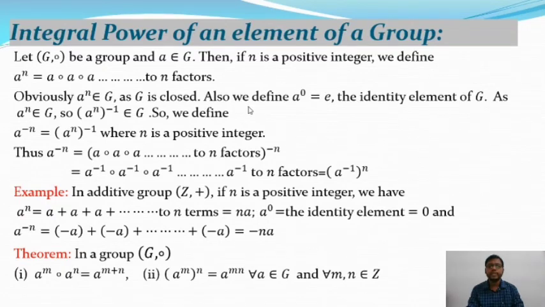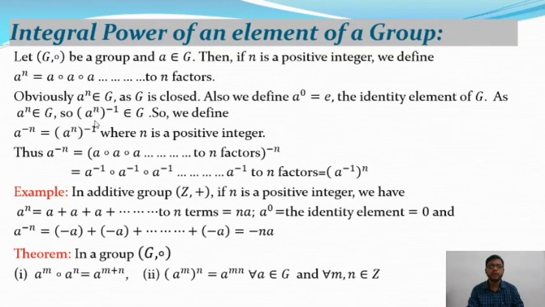Also we define a to the power 0, which is equal to e, the identity element, and the identity element lies in G. As a to the power n belongs to G, the inverse of a to the power n, that is a to the power n whole to the power minus 1, also lies in G, since G is a group.